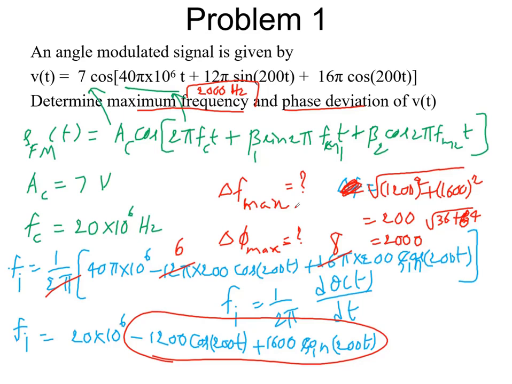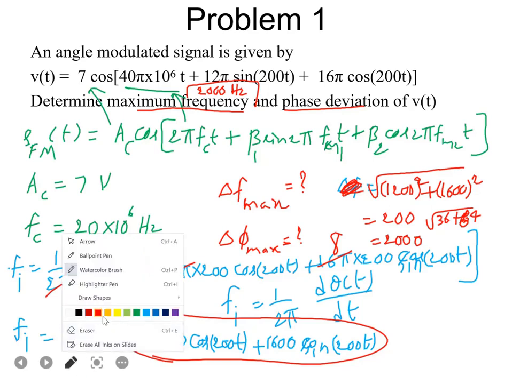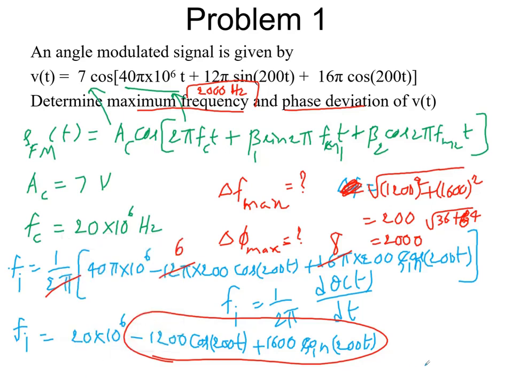Then the maximum value of d theta by dt is giving you the maximum phase. Your d theta by dt is 40 pi into 10 power 6.